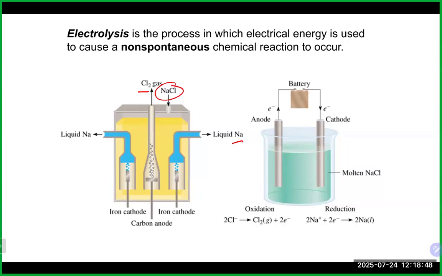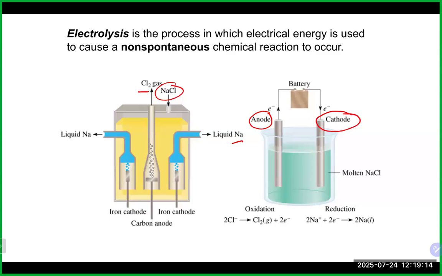We know that something like sodium chloride will not just spontaneously break apart into sodium metal and chlorine gas. So the important part of this, though, is what is your anode and what is your cathode in this particular situation. And it is opposite of what is going on when you make the ionic compound.